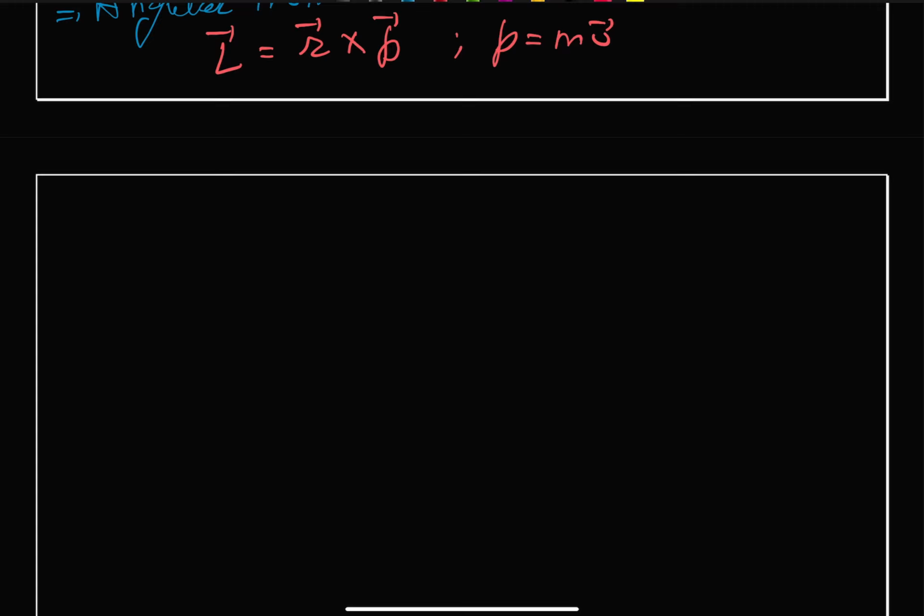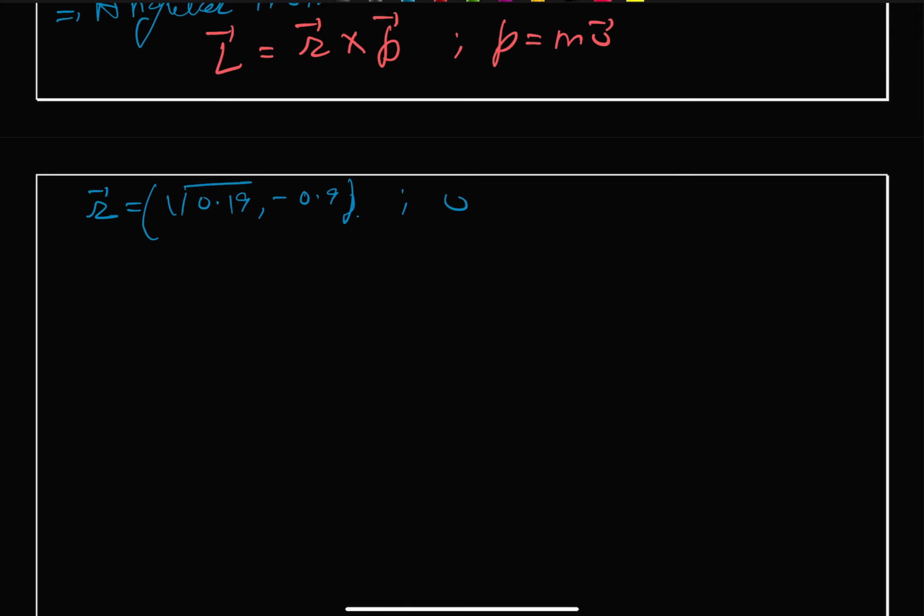Therefore R at the point just before liftoff, that is point B, has coordinates square root of 0.19, and minus 0.9.